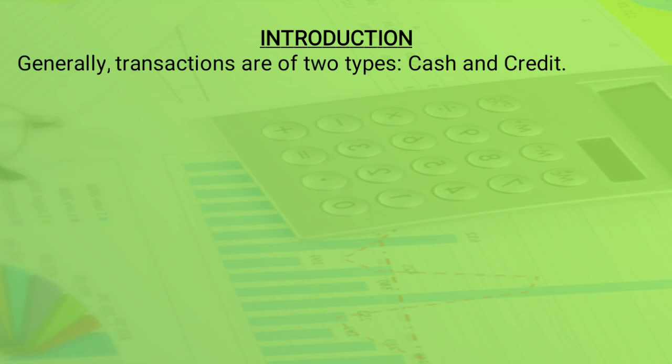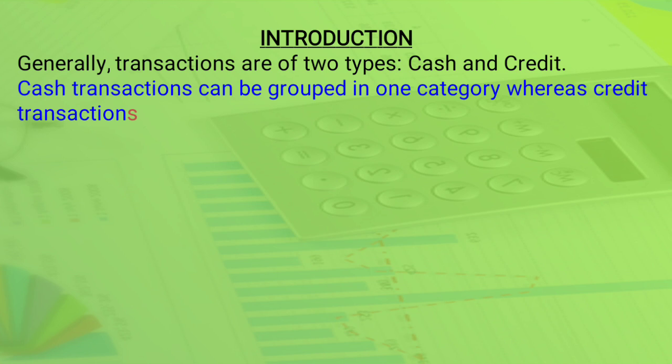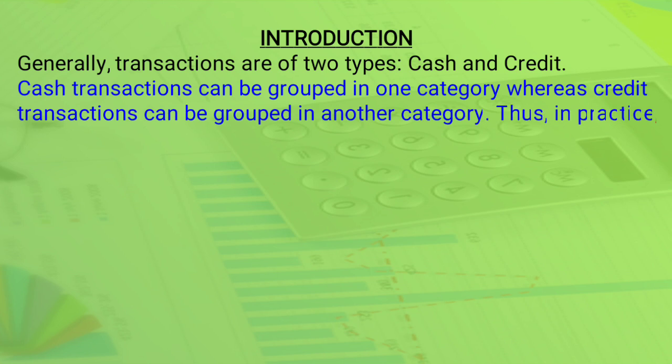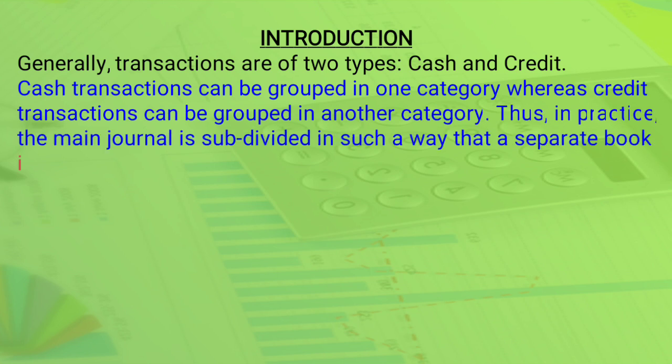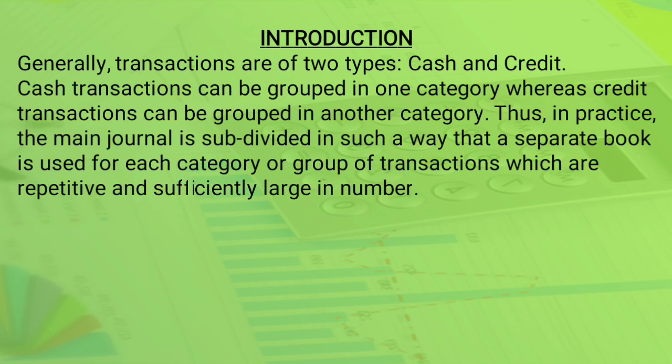There is no other type. Either we record our transaction on a cash basis or on a credit basis. On that basis, we can divide all the accounts and the ledger into two categories. All the cash transactions are recorded on one side, and all the credit transactions are grouped in different categories.